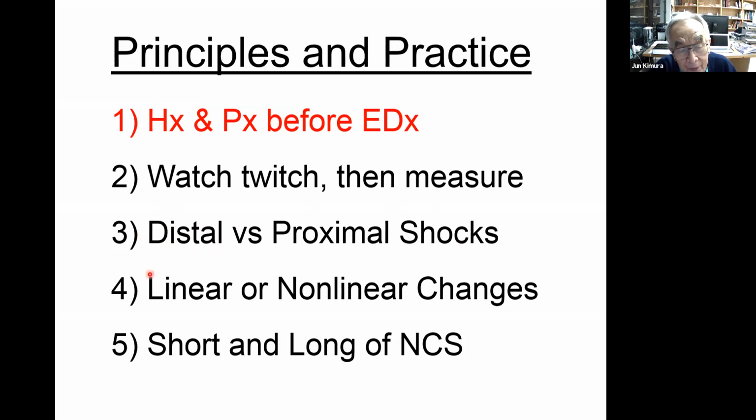Number 4 is the linear or non-linear principle. When we do segmental study, you compare the amplitude and the latency, and if they are changing linearly, it's normal, and if it's non-linear, it is abnormal.